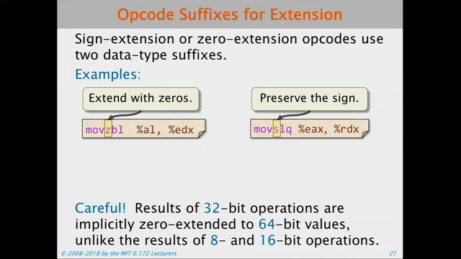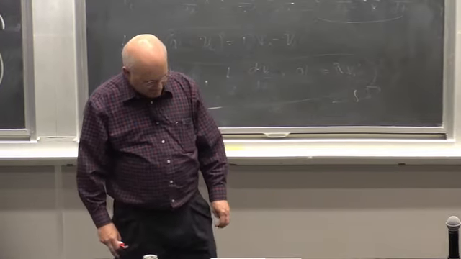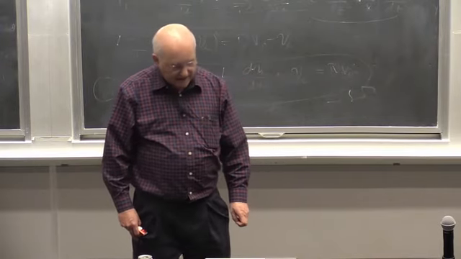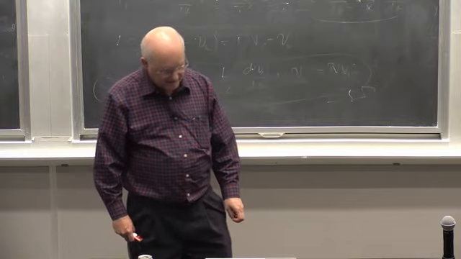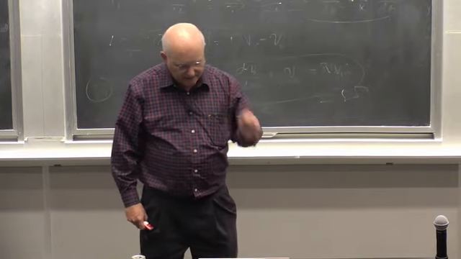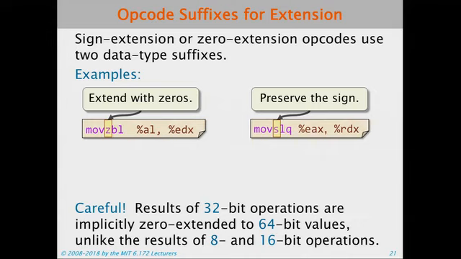Now, that would all be well and good, except that then what they did is, if you do 32-bit operations where you're moving to a 64-bit value, it implicitly zero extends. If you do it for smaller values and you store into them, it simply overwrites the values in those registers and doesn't touch the higher order bits.